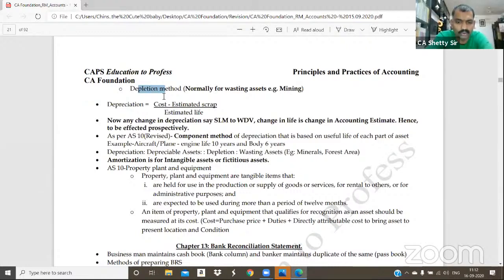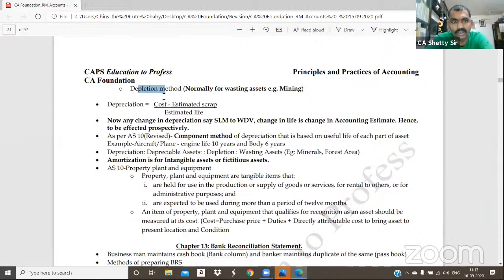Impairment loss is equal to carrying amount, which is the WDV in the balance sheet, say 60 lakh, minus recoverable amount. How much can I recover now? Say 54 lakh. That is 6 lakh debited to P&L.